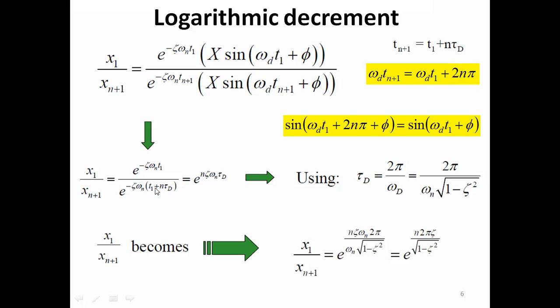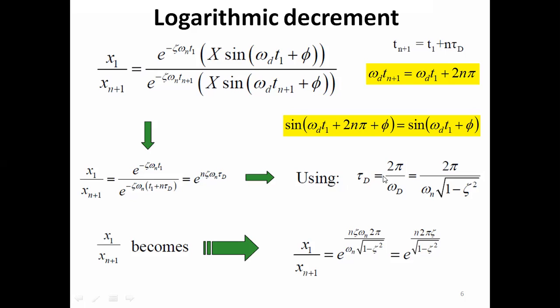So that quantity would cancel with this quantity. And at the bottom we have exponential minus zeta omega n tau d with a minus sign, so it would go into the numerator and become exponential n zeta omega n tau d.